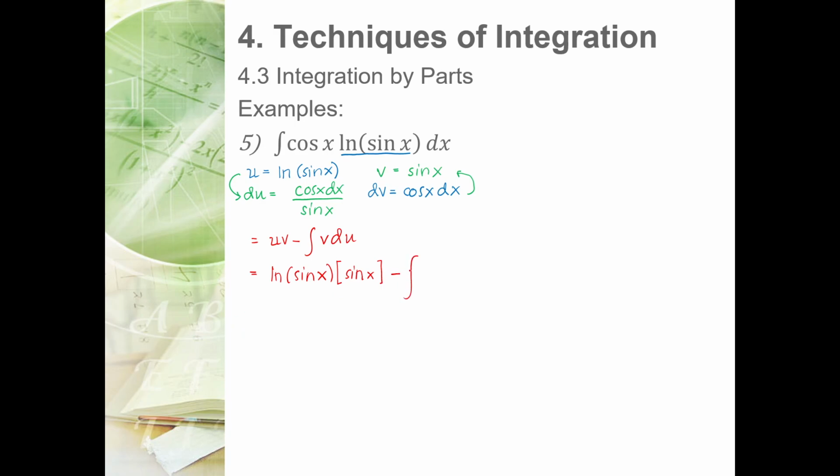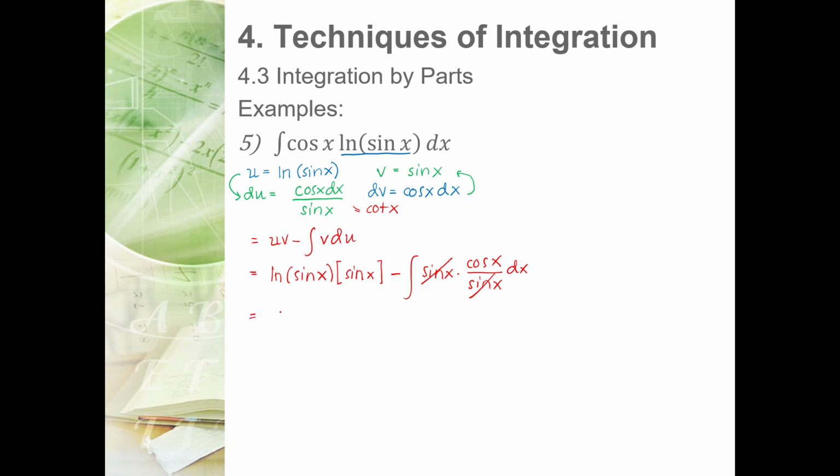So minus the integral of v du, that will be sine x, where du is cosine x all over sine x times dx. This is what I meant earlier: if we have this as cotangent x, and then we have sine x times cotangent x, you still need to revert it back into its simple components because we need to eliminate sine x.